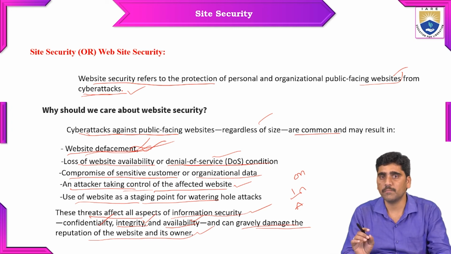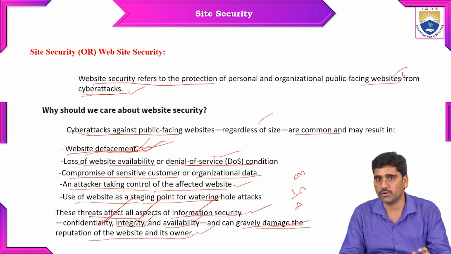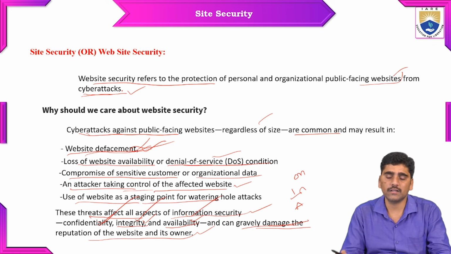But when implementing website security, the website content or data has to be confidential, with integrity, and available. If these three are not satisfied, they gravely damage the reputation of the website and its owner, definitely.